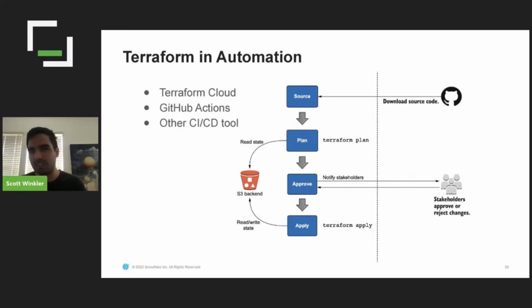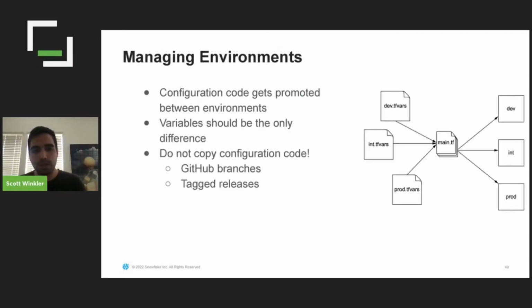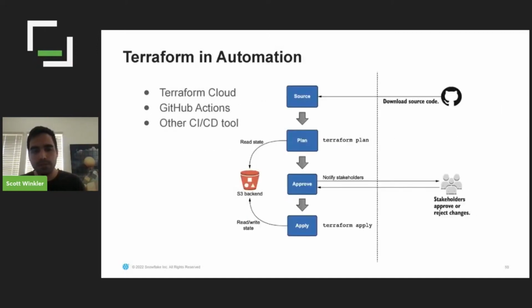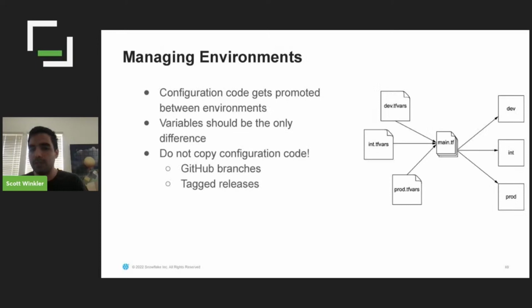You use GitHub Actions, or some other kind of CI/CD tool, where you're downloading the source, triggering the plan, doing the apply and approve, and then you might have a separate, exactly this pipeline, but for your prod deployment, where you are then using the same configuration code but with a different set of variables.